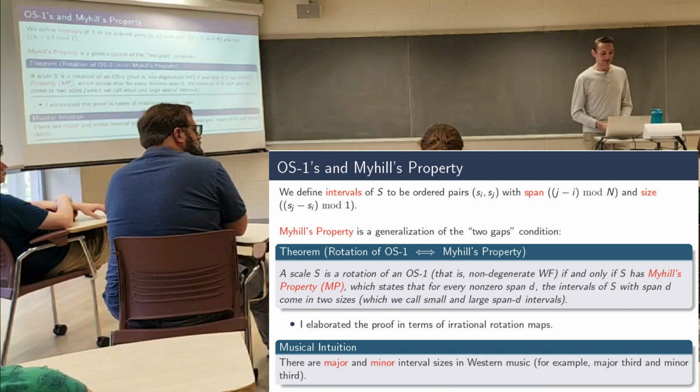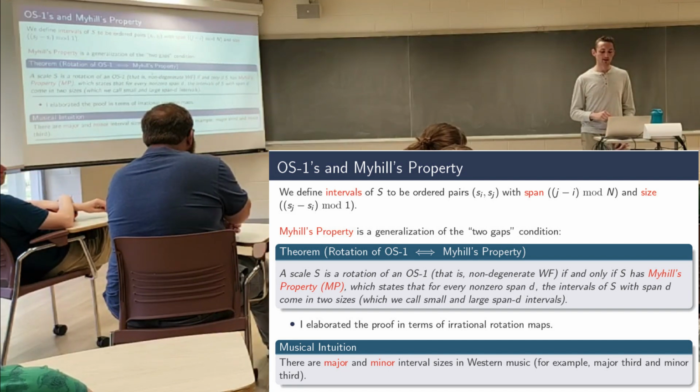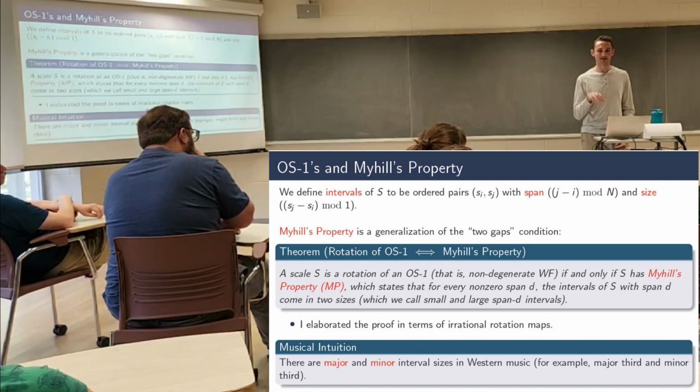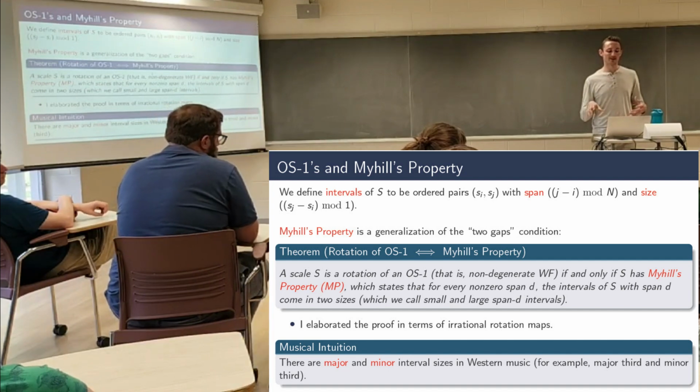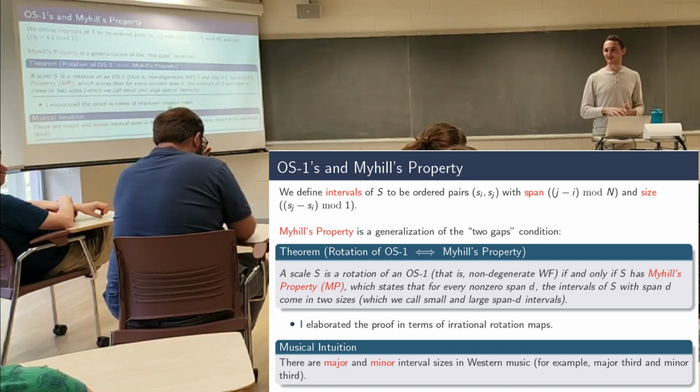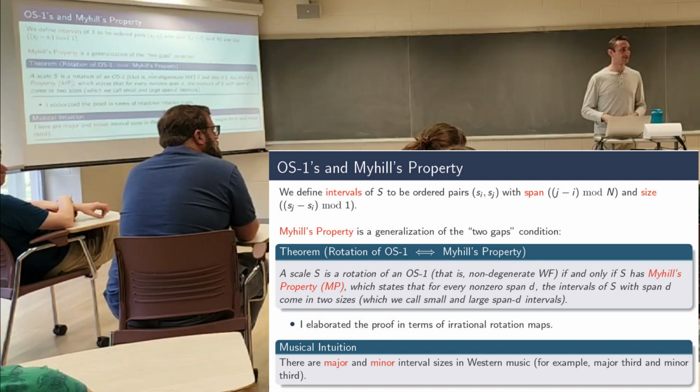And one quick musical intuition for this is that if you think of just the white notes on the piano, there's the interval of a third, which is a span 2 interval in our system, and there are major and minor thirds, which give rise to major and minor chords. So that's one connection.